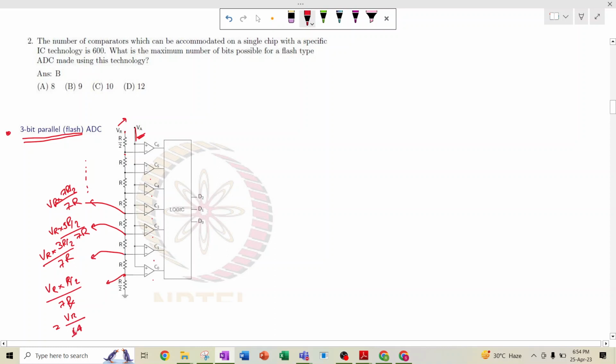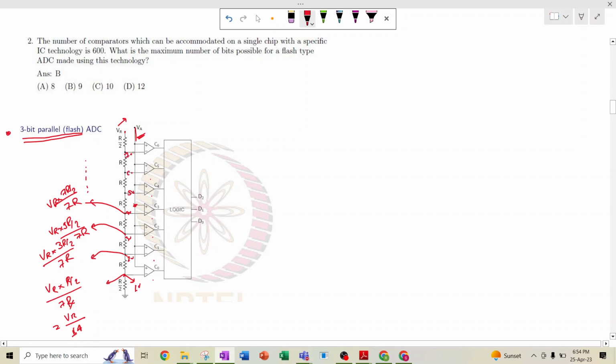If the VA falls between any two of these, suppose the value of VA is like this. Suppose the voltages are, I am just saying, 1 volt, 2 volt, 3 volt, 4 volt, 5 volt, 6 volt, and 7 volt.